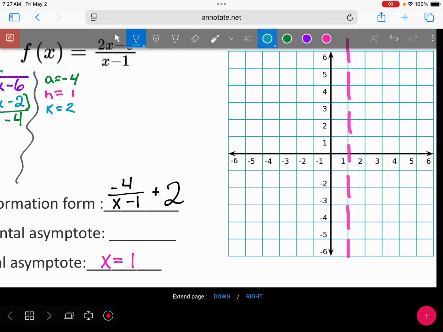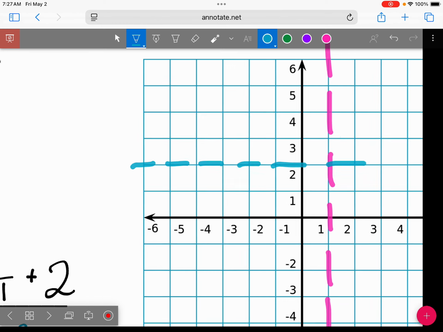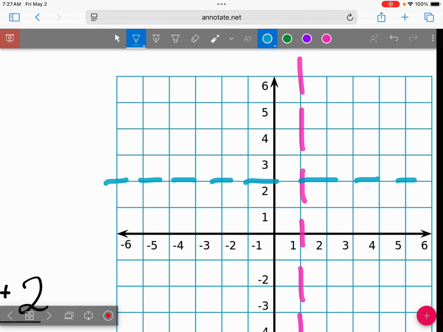Our horizontal asymptote is going to happen every time at y equals k. Y equals 2. So that's going to be this line here. It's the same color as the lines that are already there, but luckily it's thick, so you can still see it.